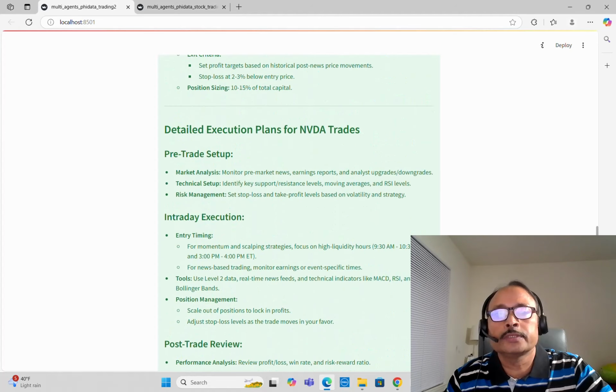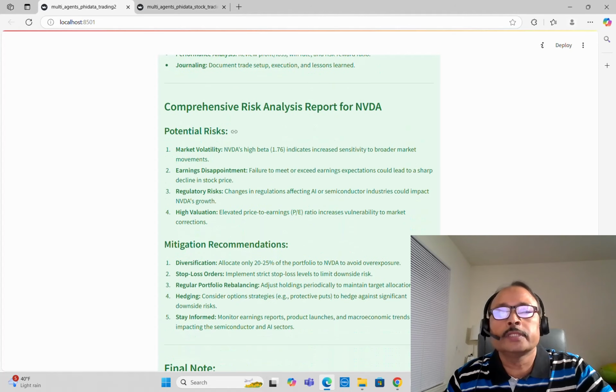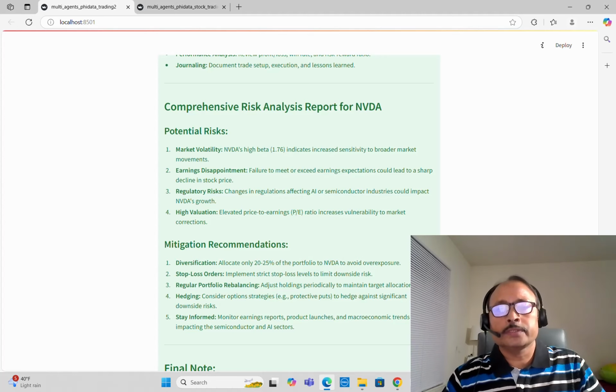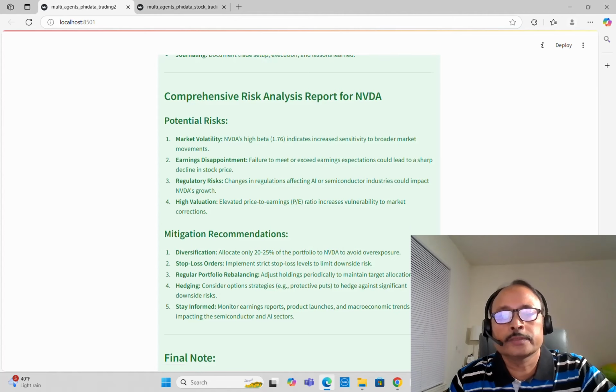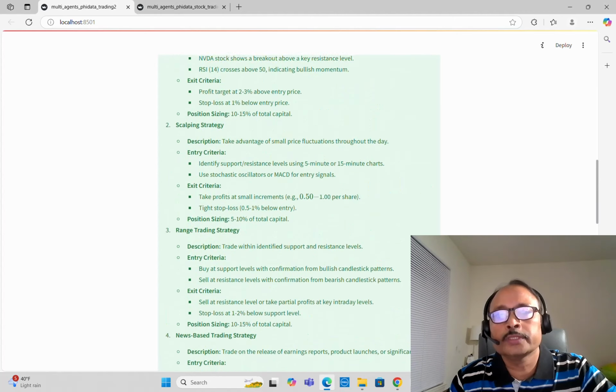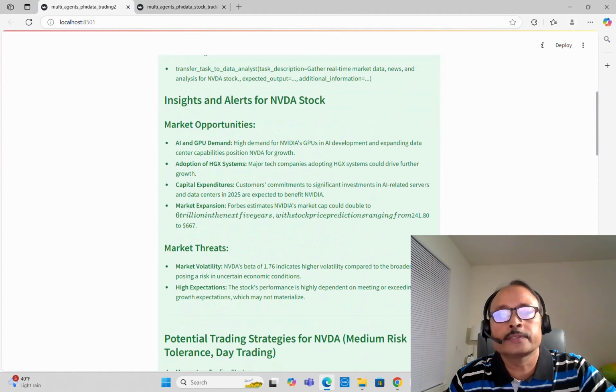And the last one is the comprehensive risk analysis report for NVIDIA, prepared by the last agent. So all four agents work together, then they prepared this. We got all these details. So let's go through that.